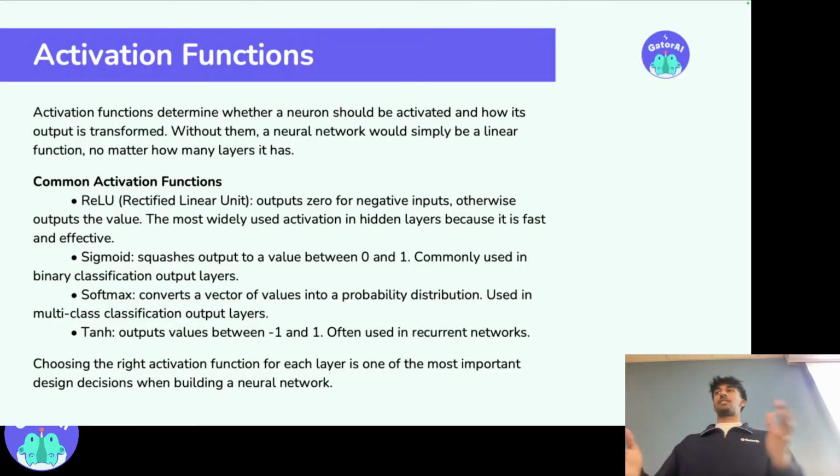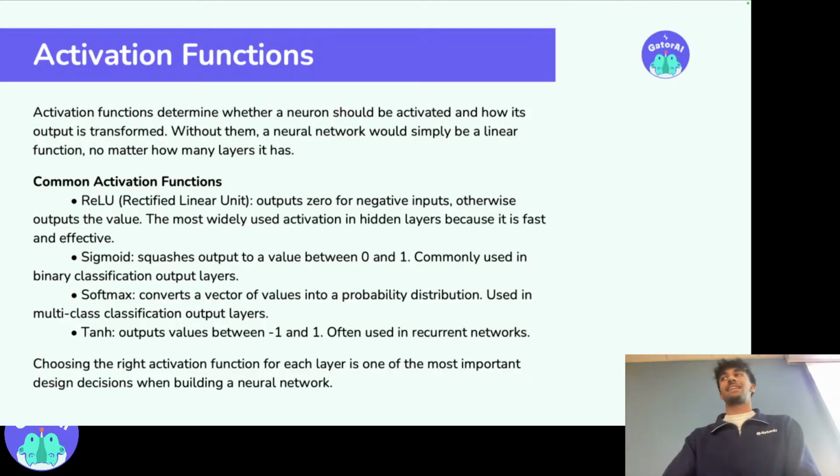Activation functions introduce what is called nonlinearity, which allows networks to learn more complex real-world problems. The most widely used activation function in hidden layers is ReLU, a rectified linear unit. It's pretty simple.